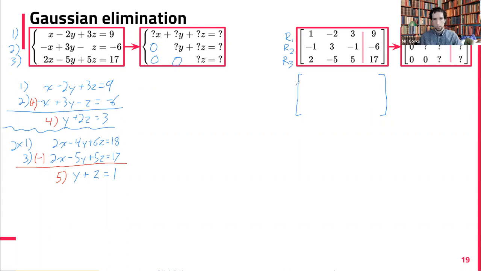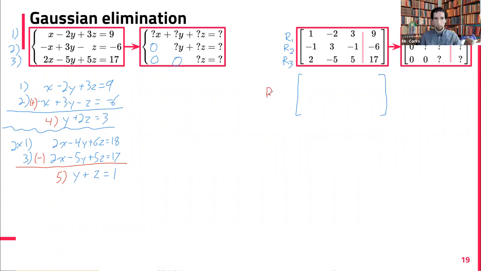What is the first operation we're going to do? We're going to add the first row to the second row to get a 0 in the beginning of the second row. And which row will be replaced by the result? The second row. Okay, so the second row is being replaced.